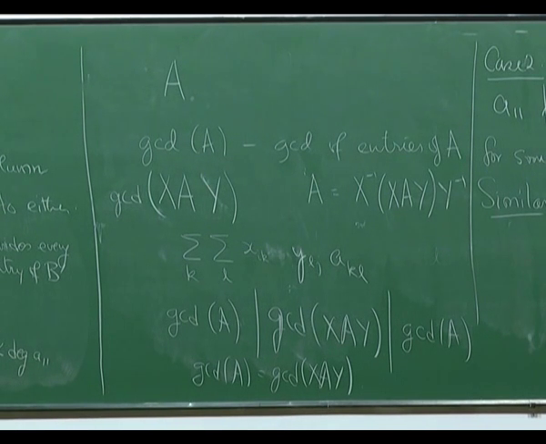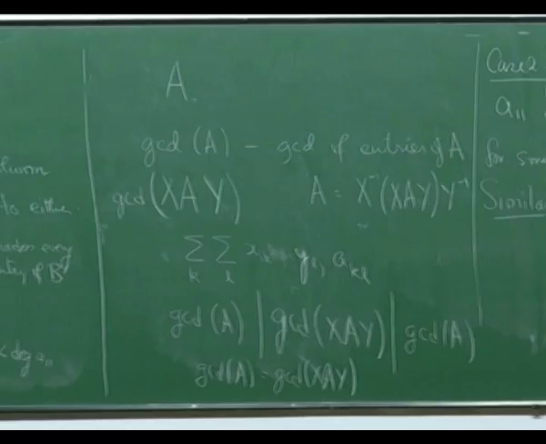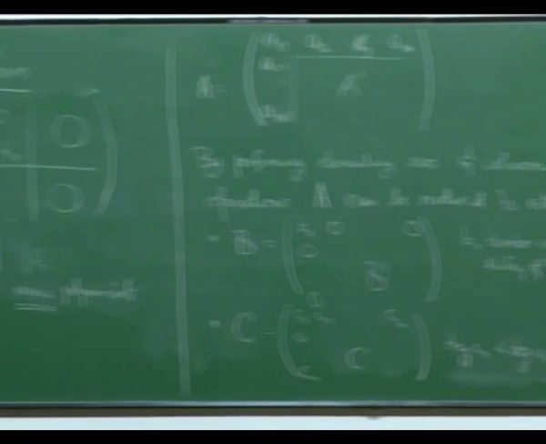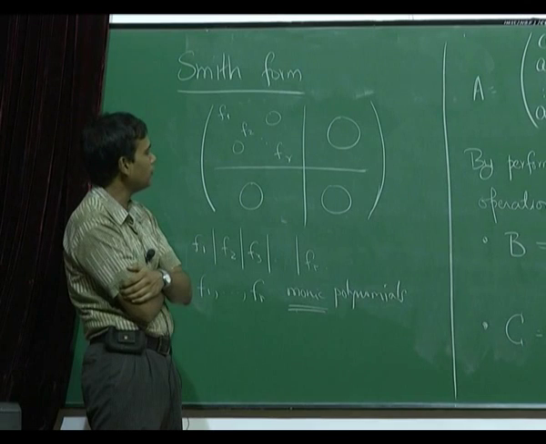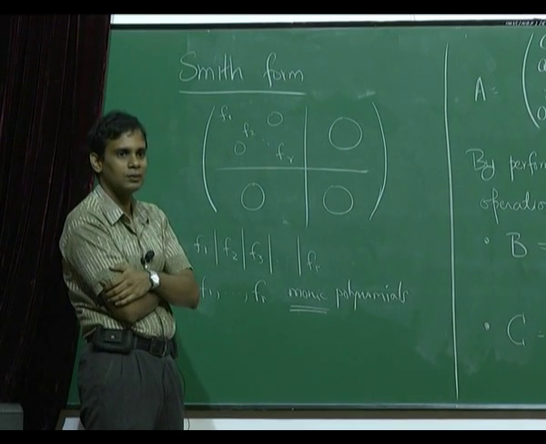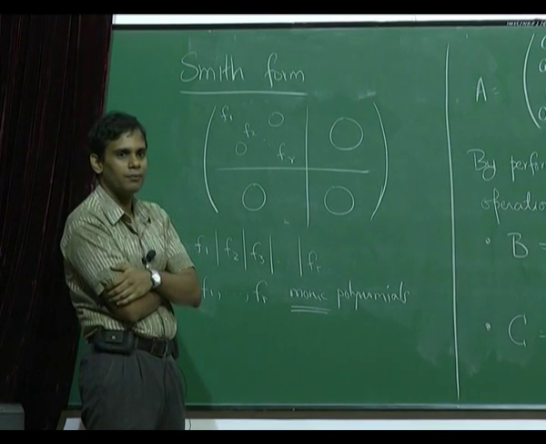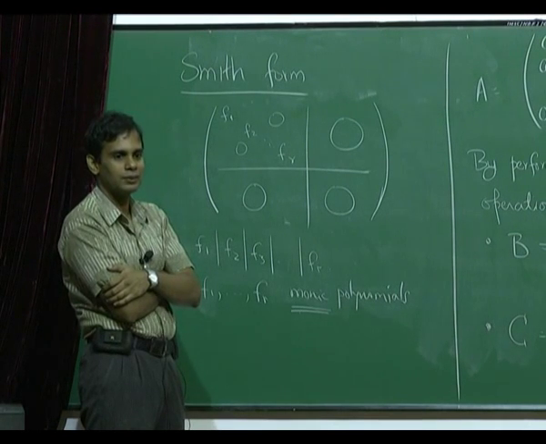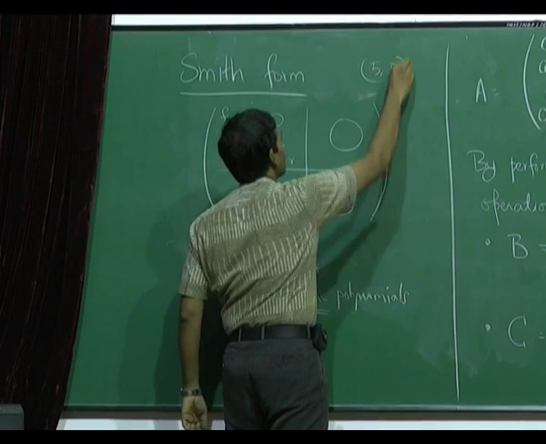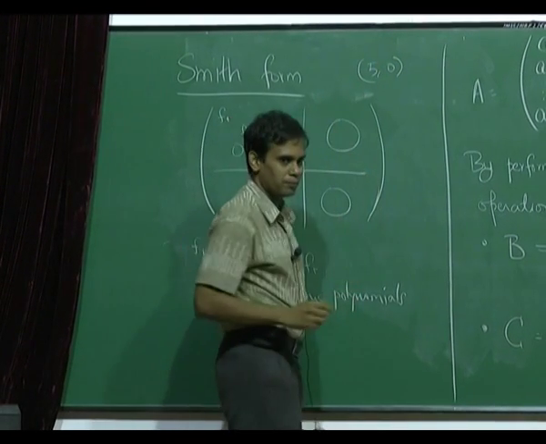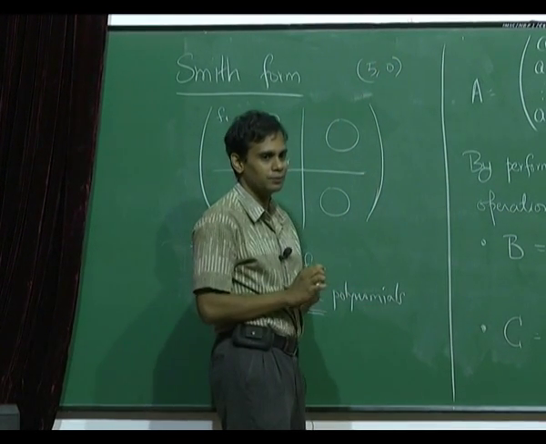What is the GCD of all these guys? Zero, everything divides 0, right? So, we will disregard the zeros. The GCD of 5 and 0 according to my definition is 5 because anything divides 0.